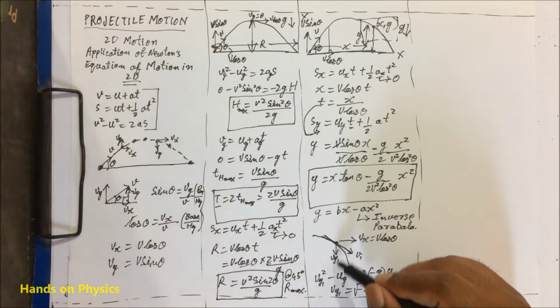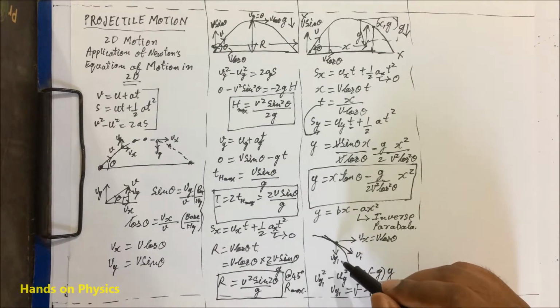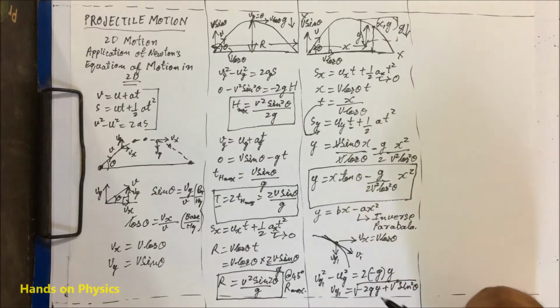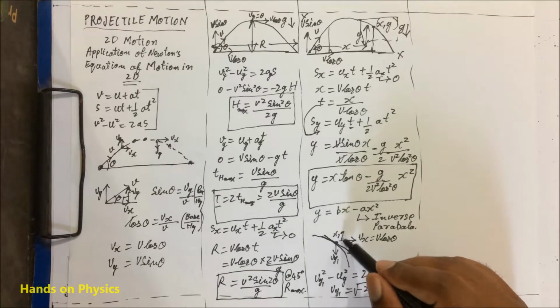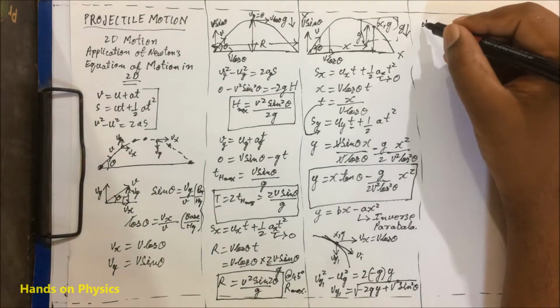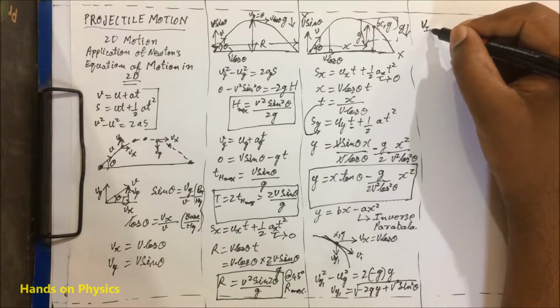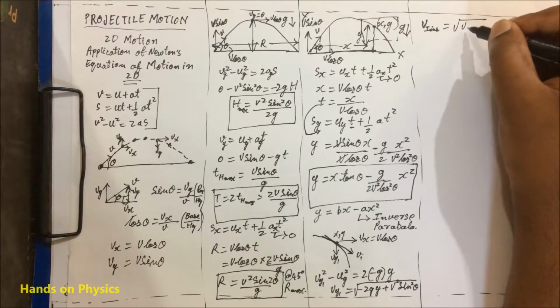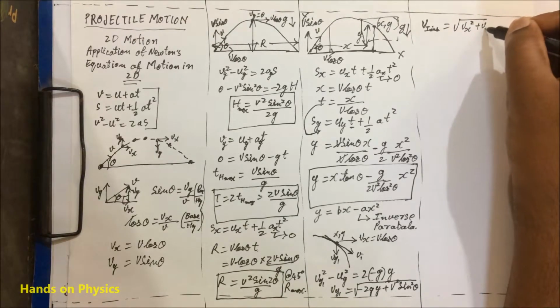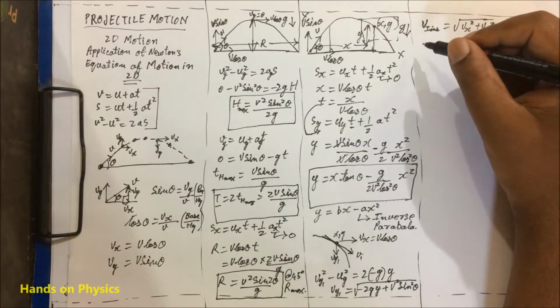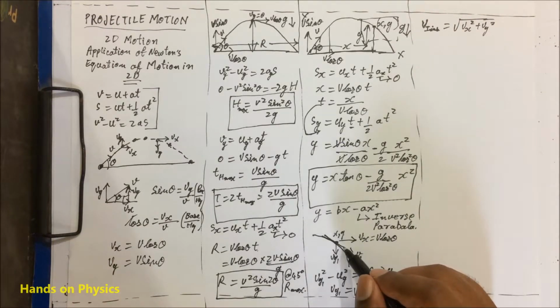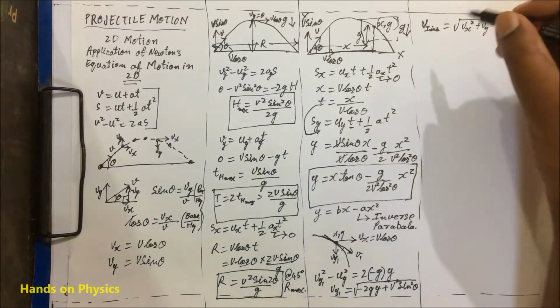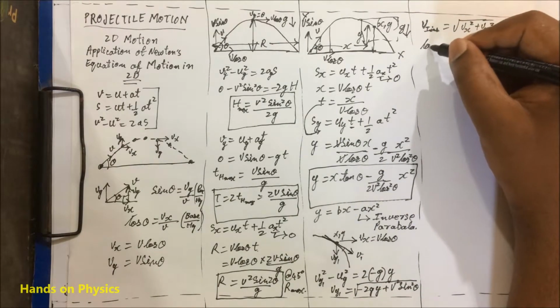So that is how you can find out the individual components at any given point x, y, and the resultant instantaneous velocity. This instantaneous velocity will be the square root of vx square plus vy square, and the angle at that point will be theta.